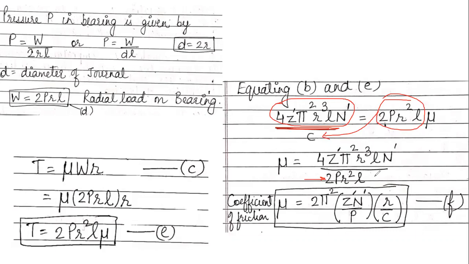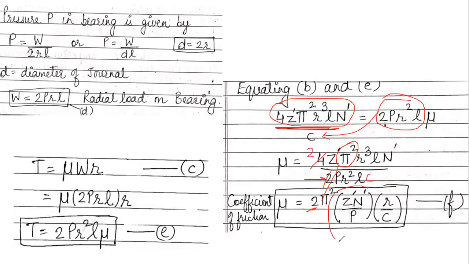Now see guys, once I equate this, I just have to do the required calculations, the required simplification. So you can see here 2 2s are 4, so here it is 2. This is pi square.